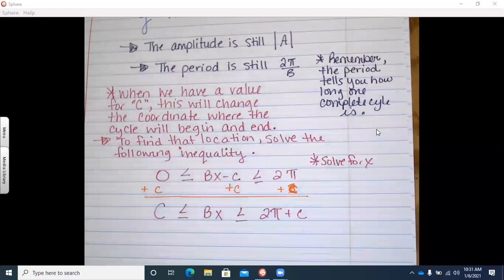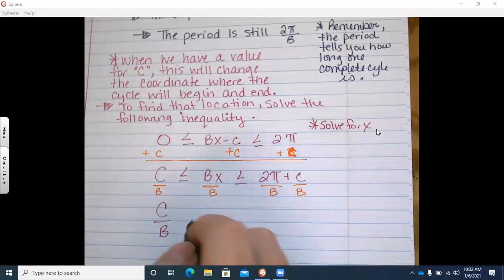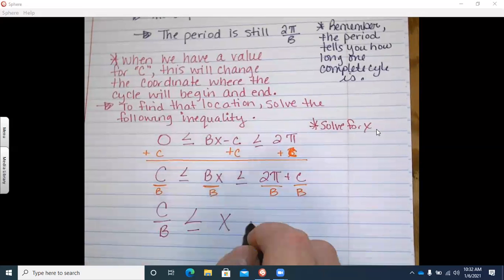So divide this by b, c divided by b, 2 pi divided by b, c divided by b. So that gives me c divided by b is less than or equal to bx divided by b, which is x, is less than or equal to 2 pi plus c, quantity divided by b.